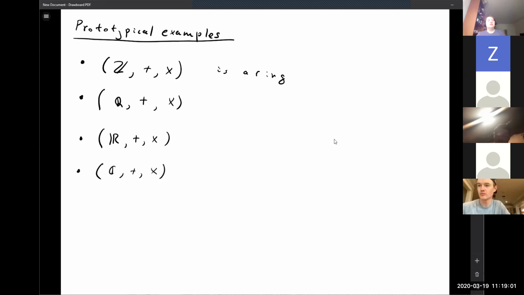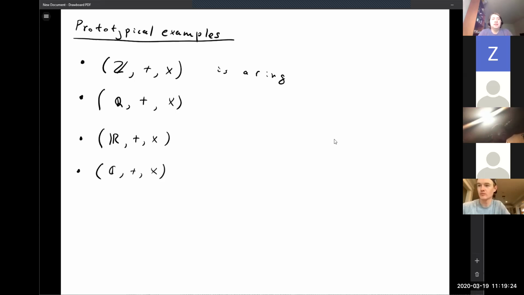Okay, so these examples of sets with pairs of binary operations plus and times serve as the basic prototype of the definition we just introduced.